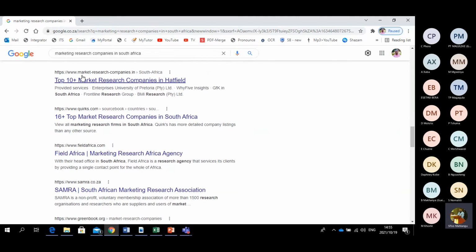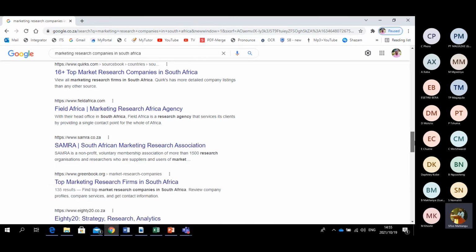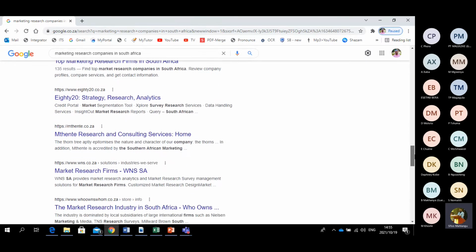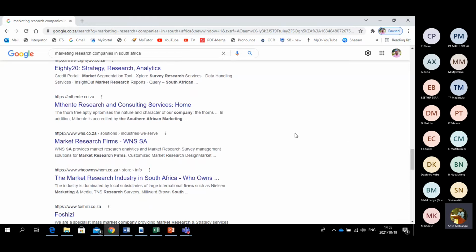For example, this one is SAMRA, the South African Marketing Research Association. It's one of the research bodies, which is also a board. So once you have research skills, which means you are able to develop a research proposal and send it for evaluation, and they accept it, you can collect data, you gain experience, you gain reputation.